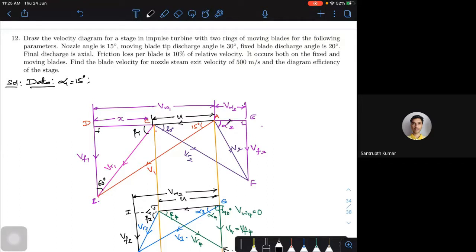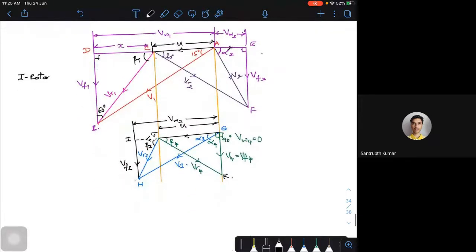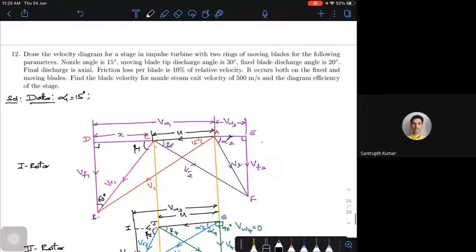Okay, so if this is my first stage rotor, and this is my second stage rotor. And the moving blade angle tip discharge, that is blade angle. Moving blade angle tip discharge means, you have hub and tip actually.